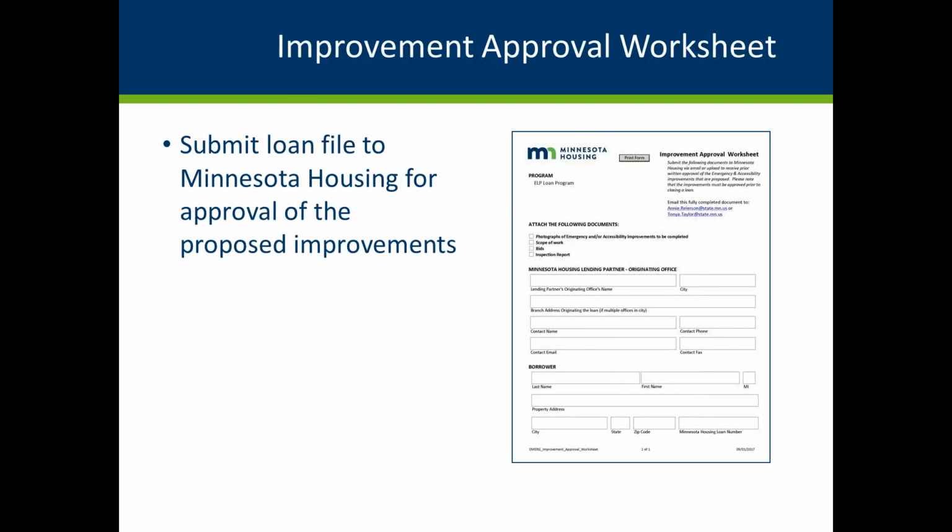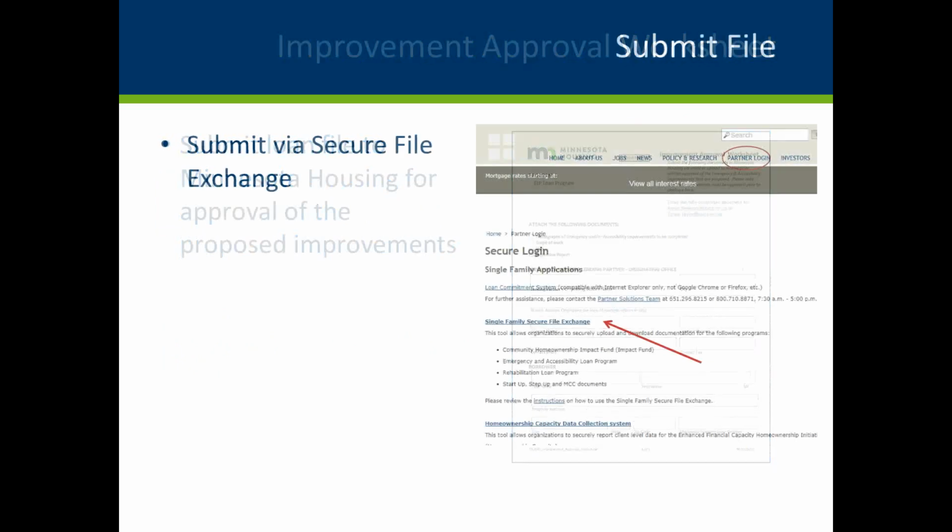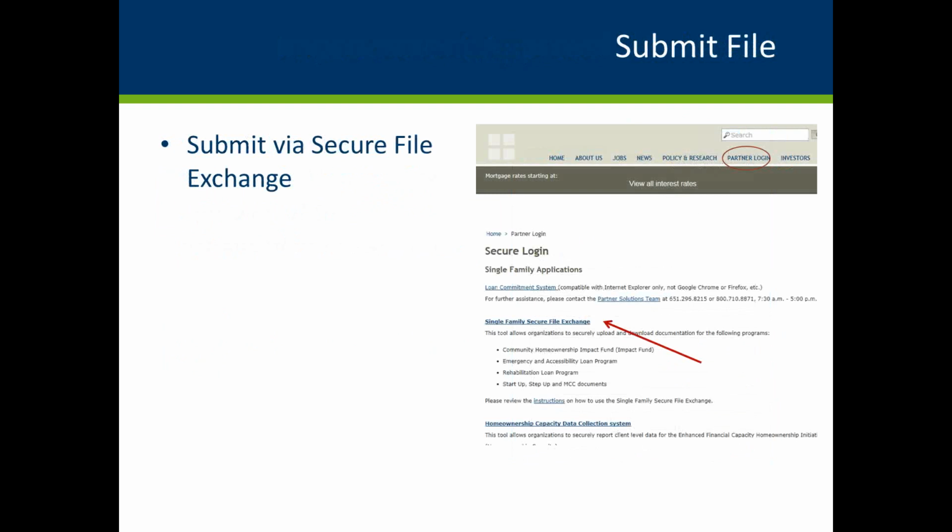Once you determine that a borrower is eligible for the program, upload and submit all required documents listed on the Improvement Approval Worksheet, along with a copy of the worksheet itself, to Minnesota Housing. You can upload and submit the loan file via the Minnesota Housing Single Family Secure File Exchange, which can be accessed through the partner login link on our website.